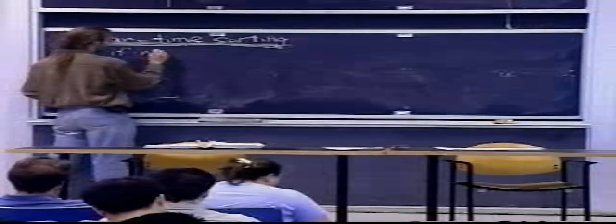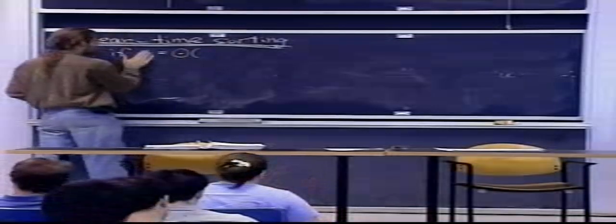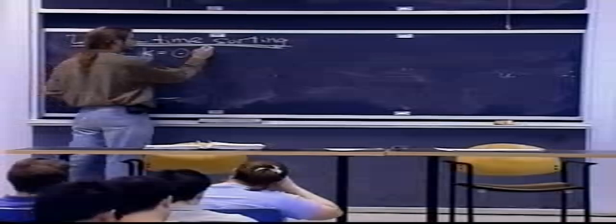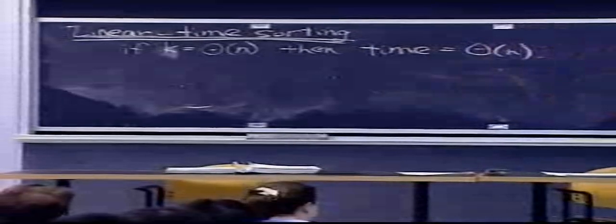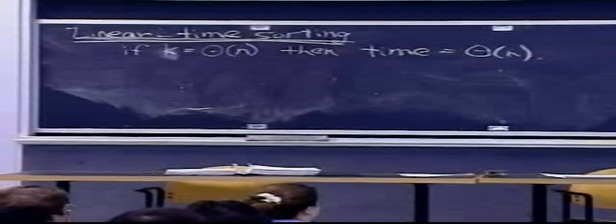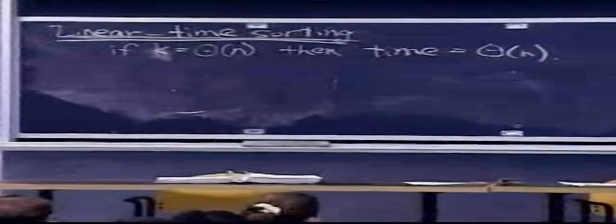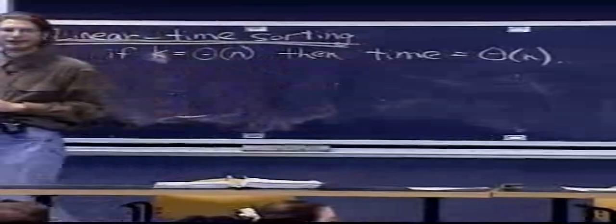It depends on the relationship between n and k. So if k is order n, then the running time for counting sort is order n, which is cool. Actually, that seems rather contradictory, right? We proved an n log n lower bound. So how could we possibly sort in linear time if we know that every sorting algorithm has to take n log n comparisons?